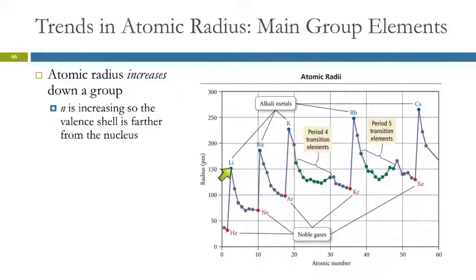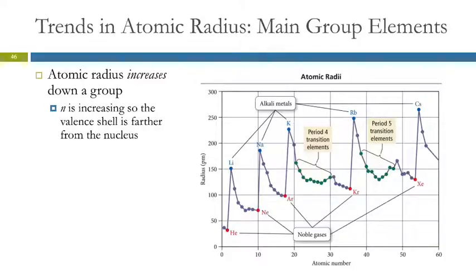So here's lithium, and here's sodium, and potassium, and rubidium, and cesium. And hydrogen's way down here. So as we go from the top of the group to the bottom, the atomic radius increases. This is the radius versus atomic number.